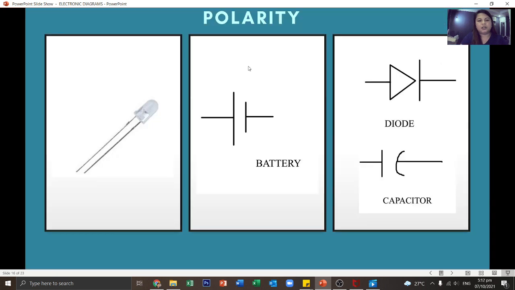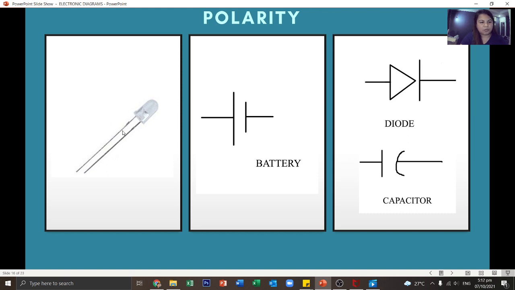Okay, let's take a look at the examples. What is this? Correct, this is an LED. It has a polarity. As you can see in this physical component, there are some indications to identify which is the negative and the positive.